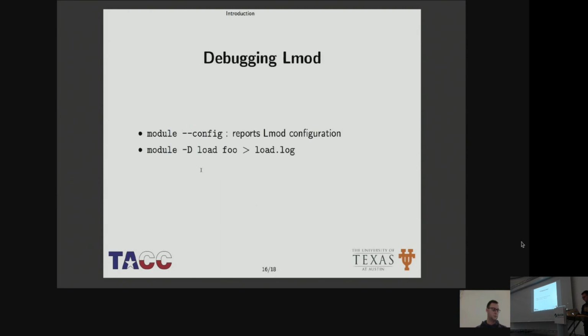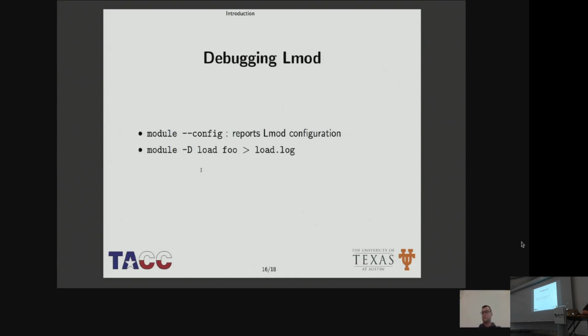One of the problems of having a program that's taking over the world is people have problems at sites that I'm not going to have access to. So I've got to have some way to debug them and understand what's going on. Lmod has two things to help me better understand how it's being run on your system.